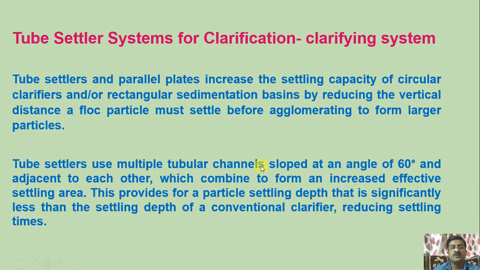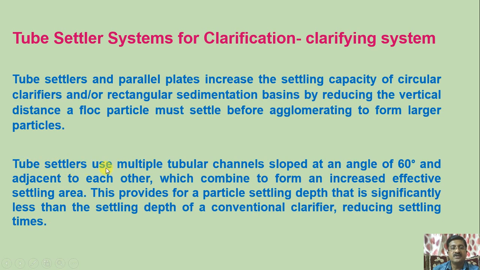Then the tube settler system for clarification, the clarifying system. Tube settlers and parallel plates increase the settling capacity of circular clarifiers and rectangular sedimentation basins by reducing the vertical distance. A floc particle must settle before agglomerating to form a larger particle.